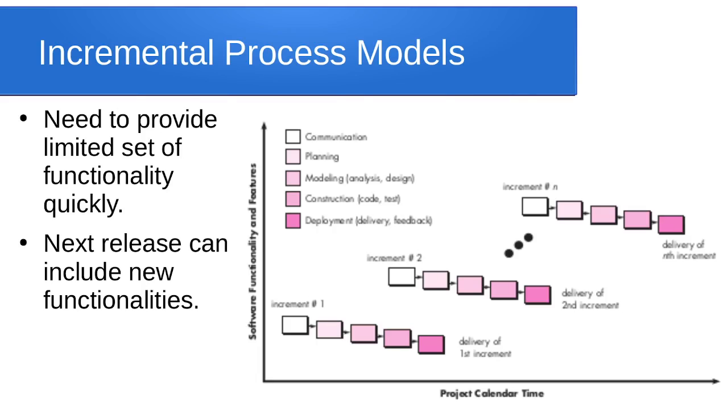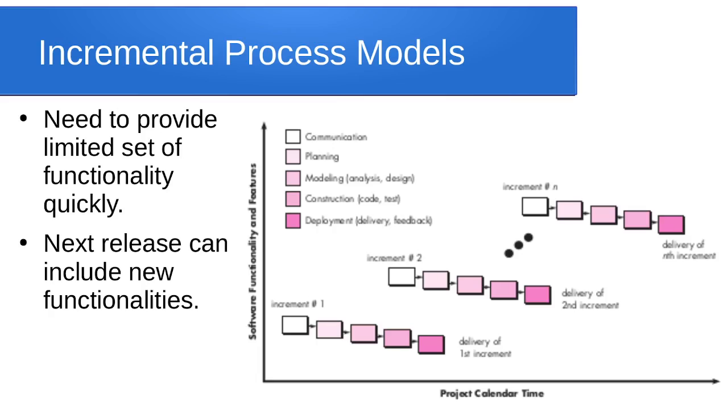So the requirement is such that you need to provide some set of functionalities in a quick span of time. Then new functionalities can be added later on. So for that purpose, this incremental process model can be used.